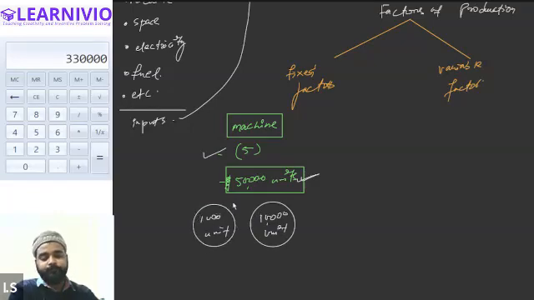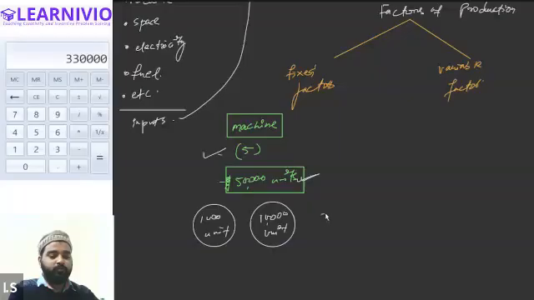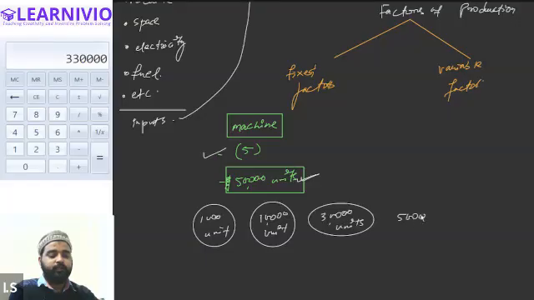Getting my point? Yes. And similarly, if the firm wants to produce 30,000 units, tell me whether they will have to buy new machines. Yes or no? No. If the firm wants to produce 50,000 units, still there will be no change in the requirement of machines. Machines will remain the same.